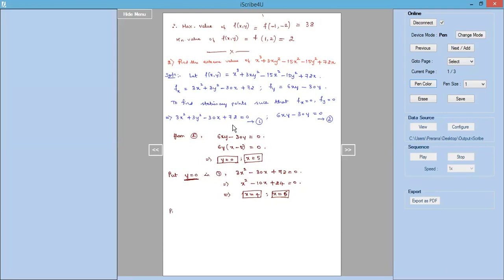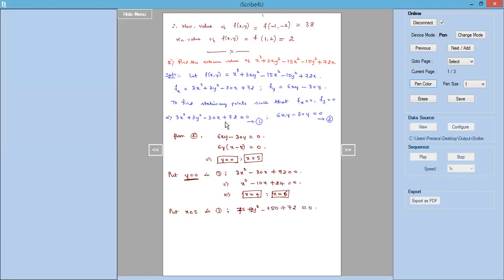So this gives us 3 into x square, x square is 25, 25 into 3, which is 75, plus 3y square, minus 30 into x, 30 into 5 is 150, plus 72 is equal to 0.